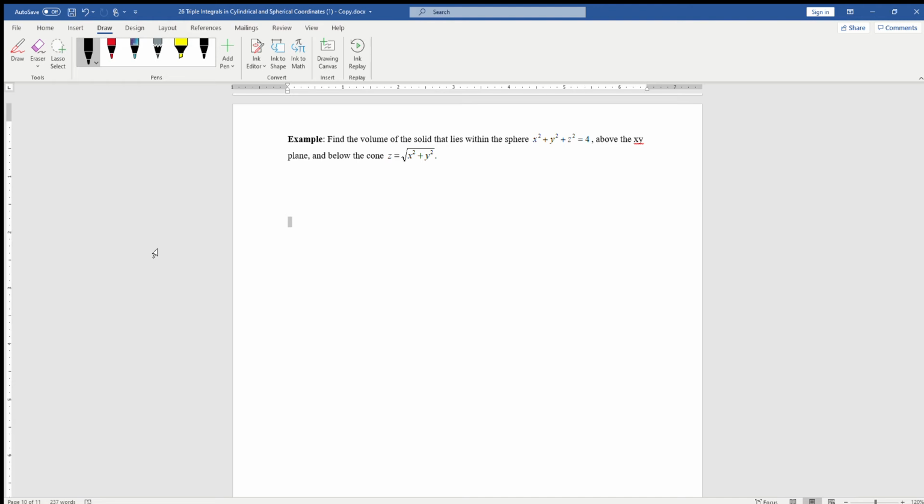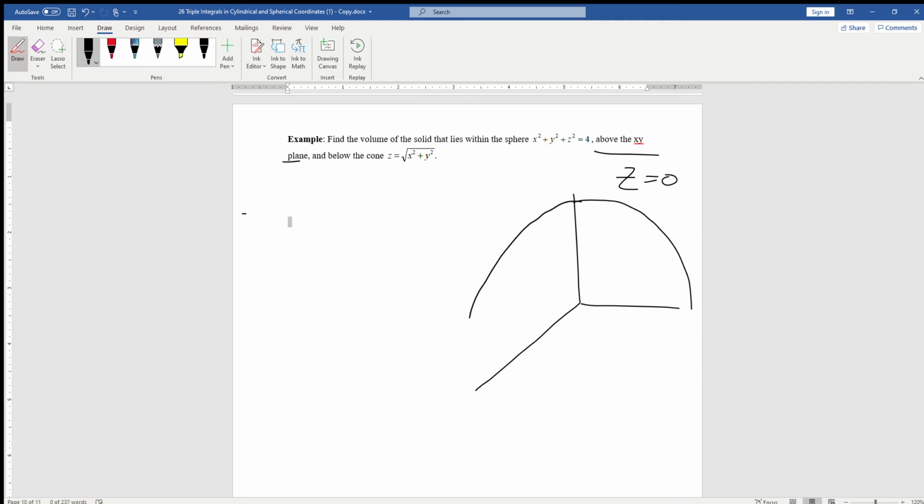Now again, we're only above the xy plane, so remember the xy plane is going to be z equals 0. So if I was to graph this, we have a sphere, although technically, because we're only worried about everything above the xy plane, we're going to get that.